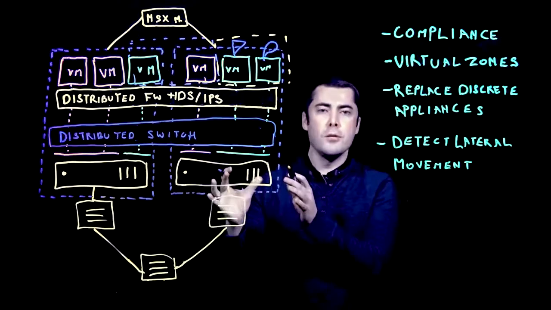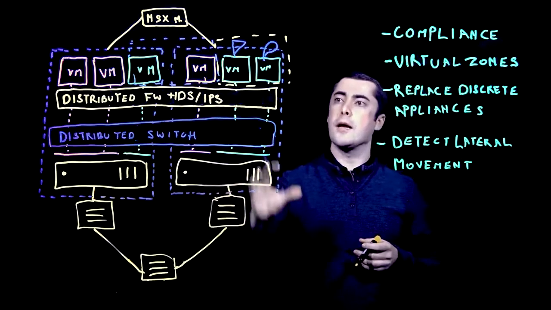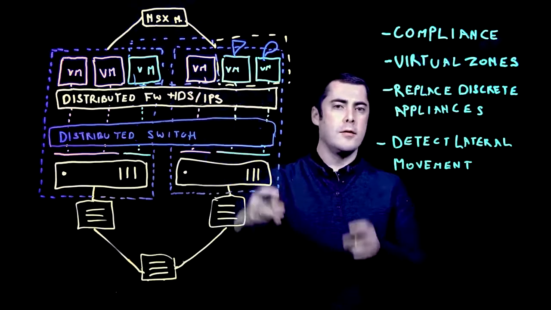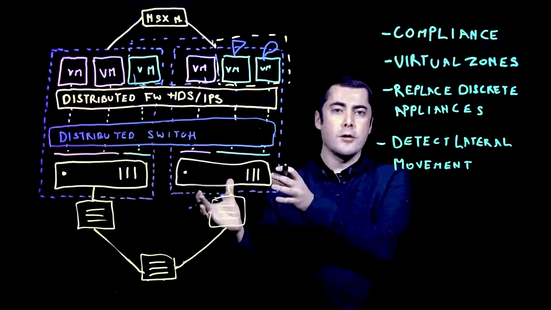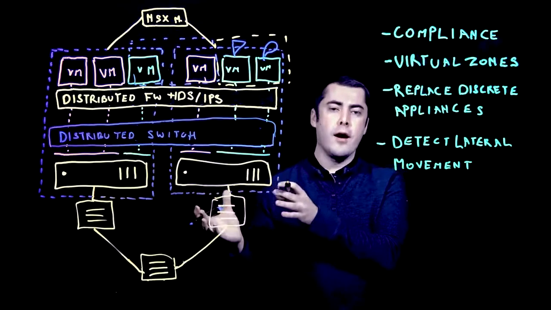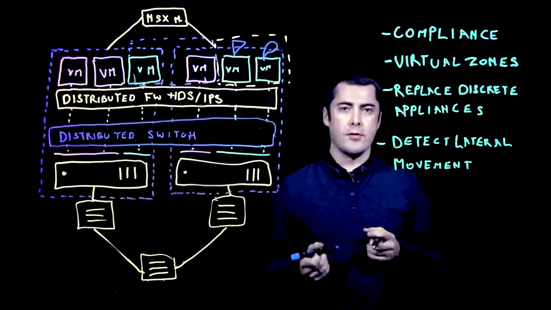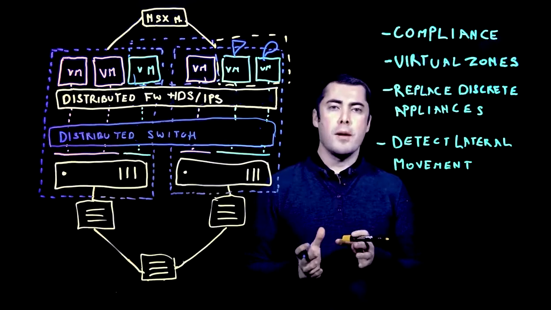Now, in the traditional world, this is often achieved by air-gapping these environments, meaning that these workloads are deployed on separate physical infrastructure. Especially in a DMZ environment, often the DMZ workloads are deployed on separate hardware, sometimes even with their own firewalls versus the internal network. Using the NSX distributed firewall and distributed IDS and IPS, we can achieve much better consolidation.